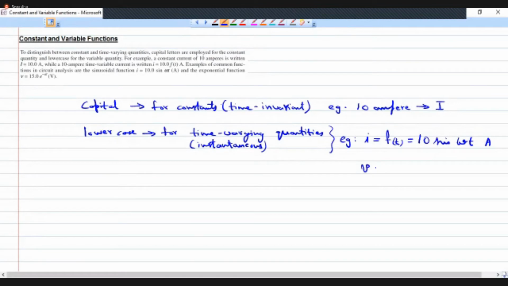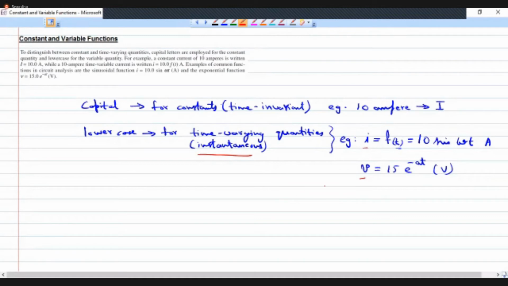For example, we can say v is equal to 15 e power minus 80t volt. So these functions are functions of time, right? So whenever we want to represent instantaneous quantities, we use the small letters, small i, small v. Whenever we want to say that a constant current is flowing, then we use the capital letters.